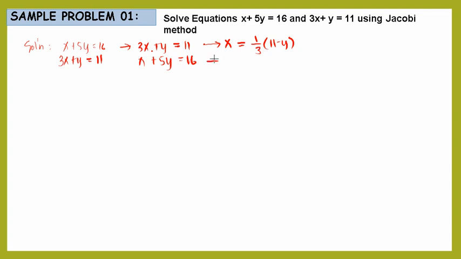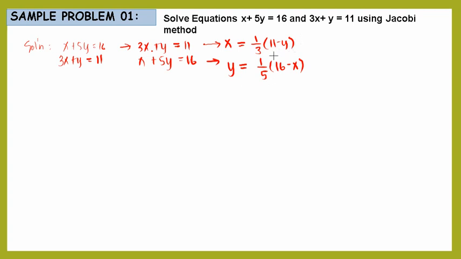And if we manipulate our second equation, we get our equation for y, which is equal to 1/5 of 16 minus x. Those will be our two equations. The next step in our solution is to continue iterating until we have two successive approximations that are identical when rounded to 3 significant digits.